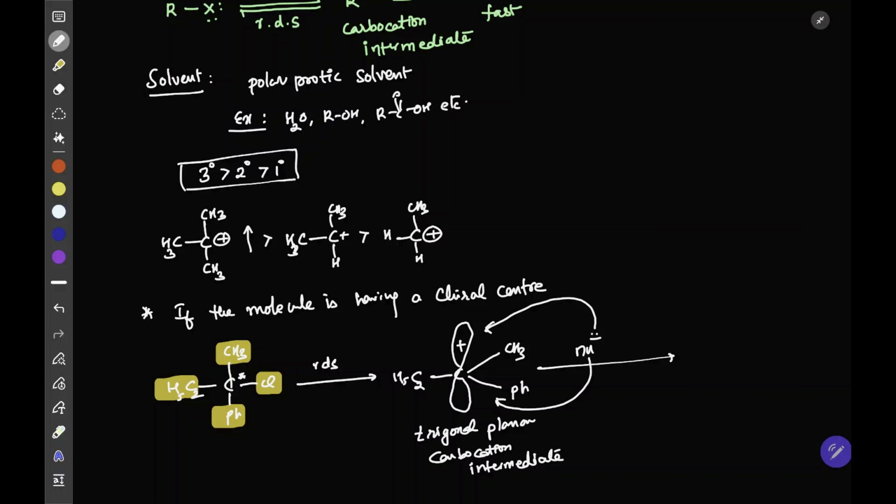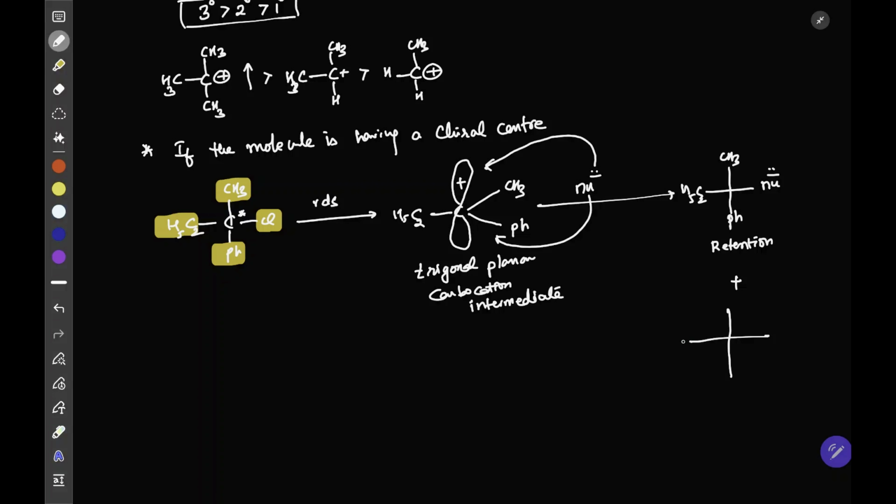Retention means the nucleophile comes on the same side. In this case, it comes on the same side where the chlorine was, with CH3, C2H5, and phenyl as before. This is the retention product. Inversion means the nucleophile substitutes on the opposite side.